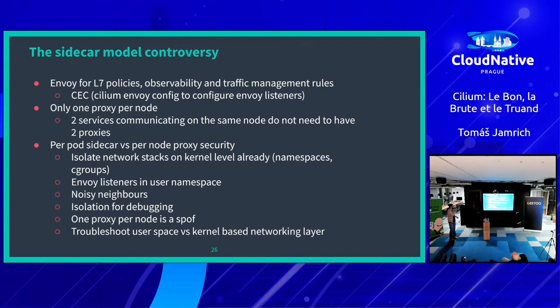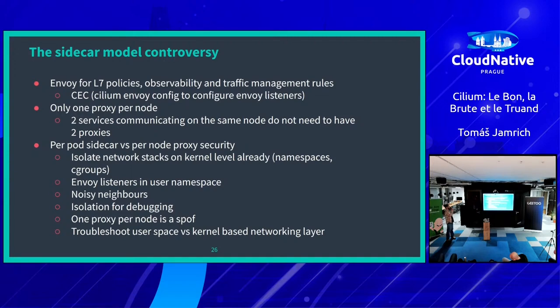Okay, there's some controversy in the world right now regarding these sidecars. In the image before, the Envoy proxy you noticed was used just for layer 7, because we don't have that technology in the kernel yet, that we are aware of, for the application layer.